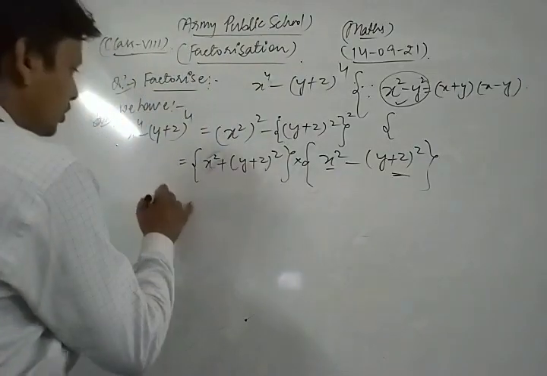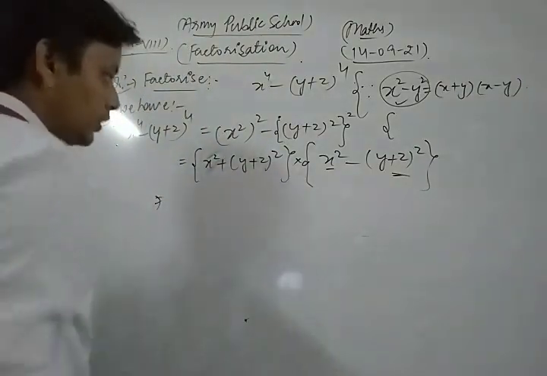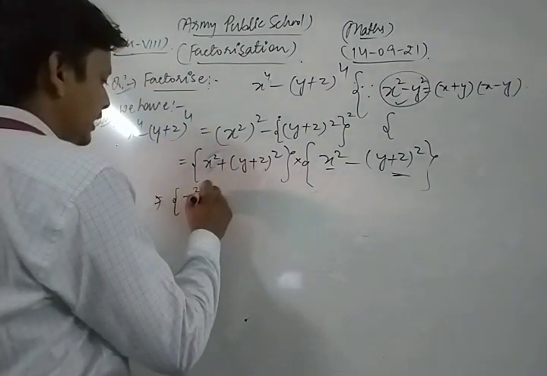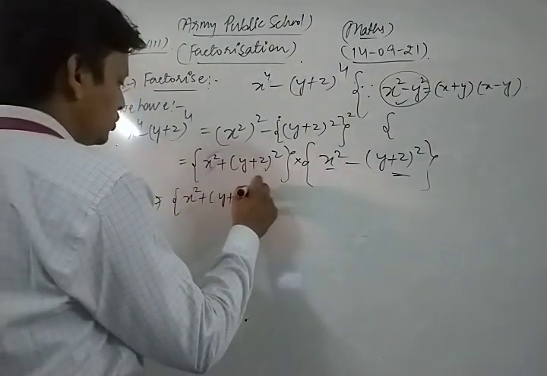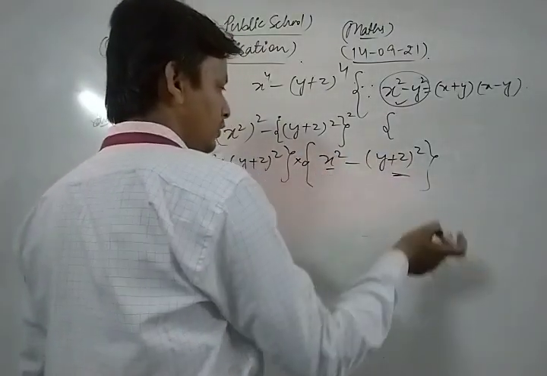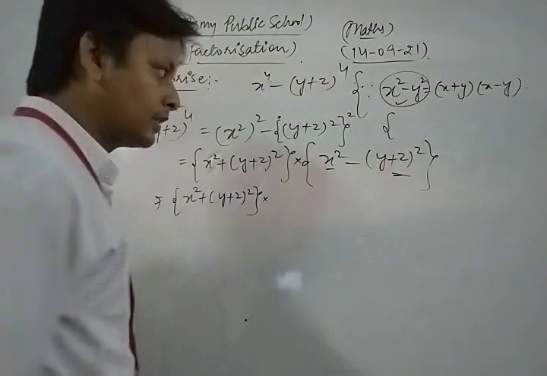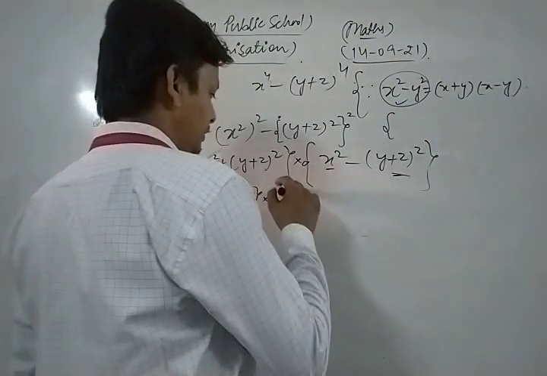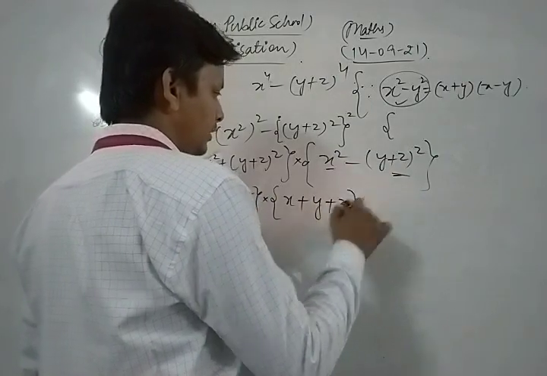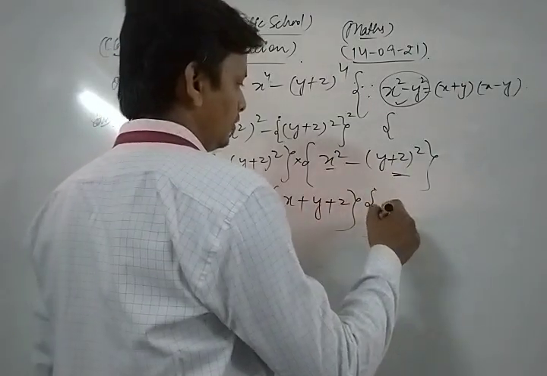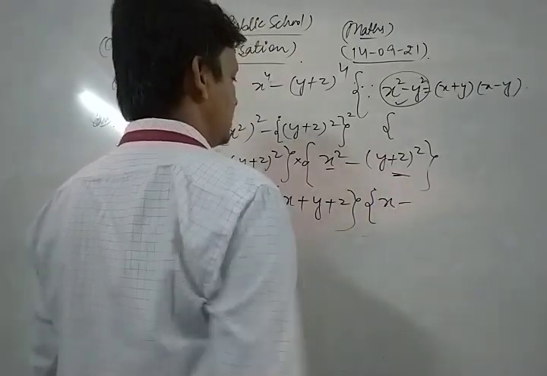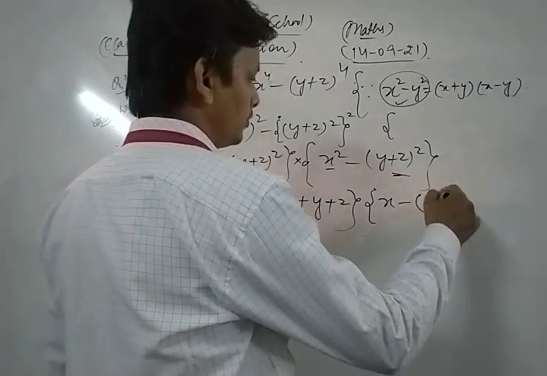So we can write x square plus (y plus z) square as it is, into this form of a square minus b square: (a plus b) in one bracket and (a minus b) in another bracket. So we write a plus b means x plus y plus z, and a minus b means x minus y minus z.